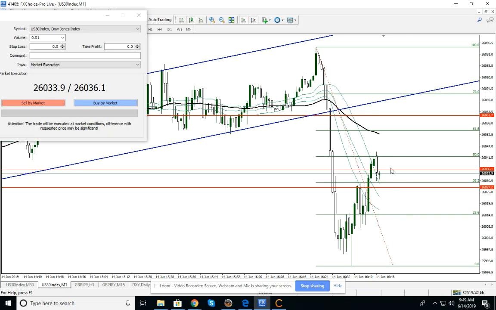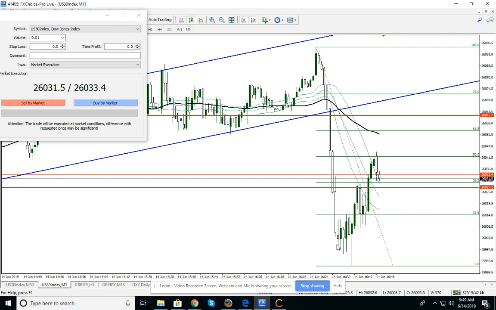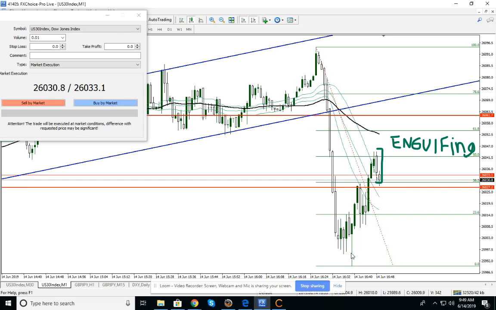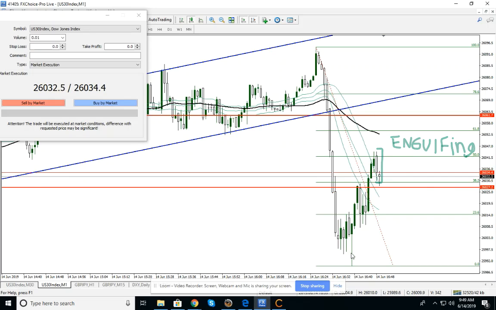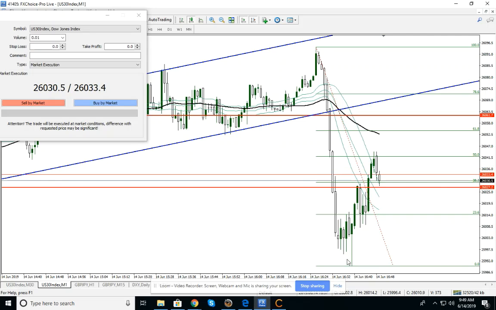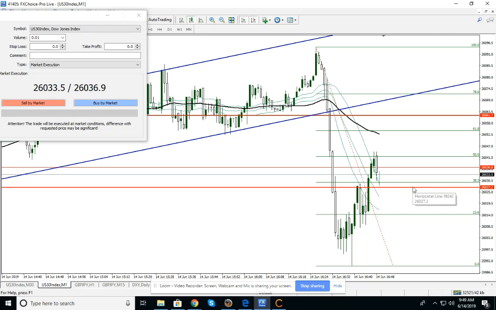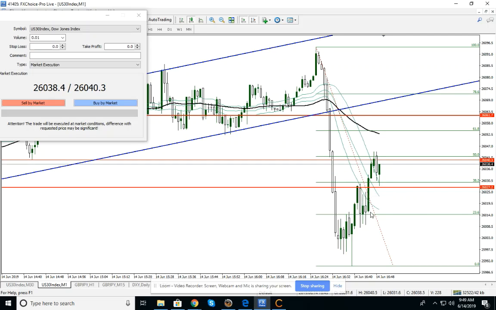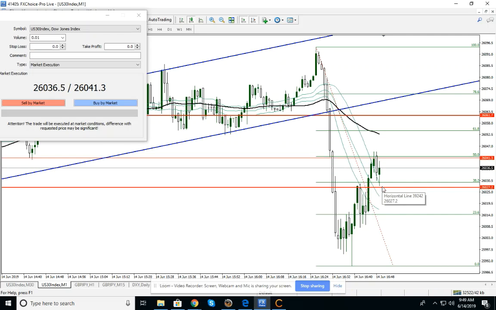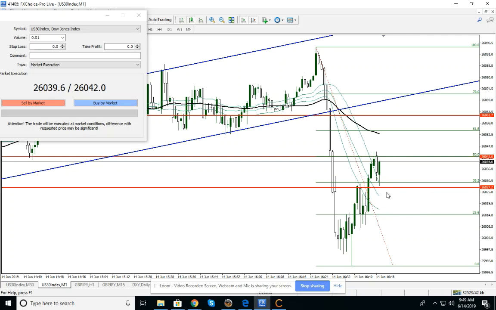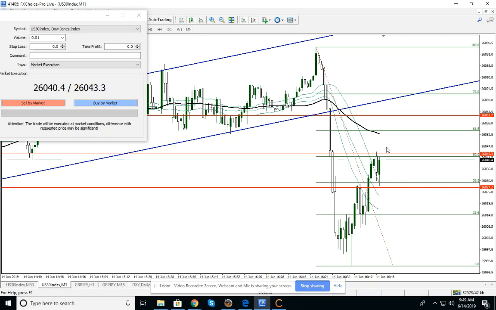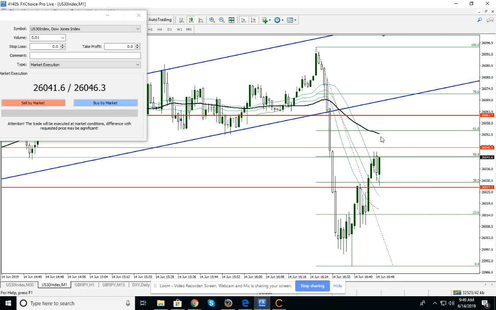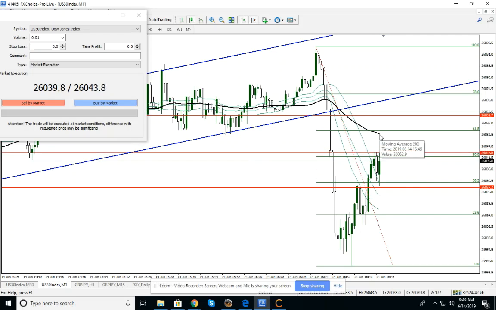See, this is some sort of an engulfing candle here. This red line that we had drawn, you see how the price paused there, broke through, is using it as a little bit of support, maybe to go up to this 50, right?